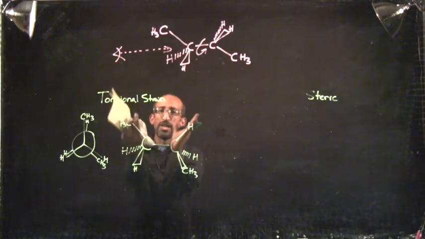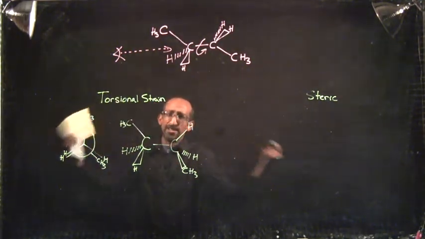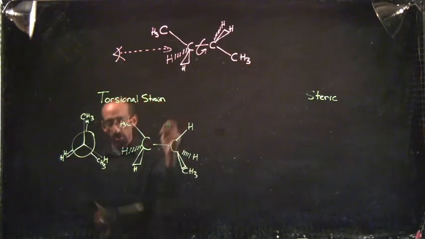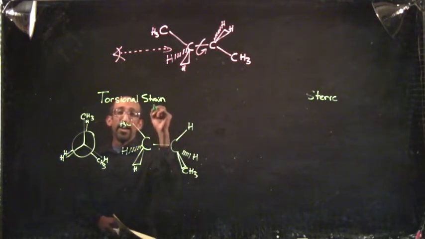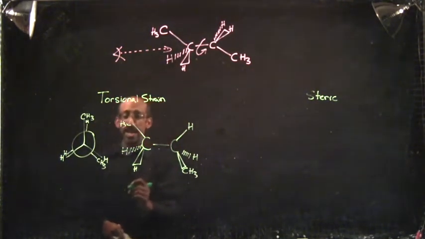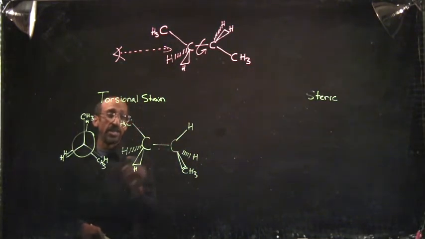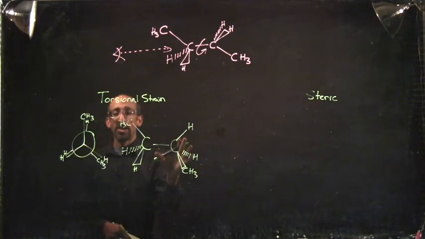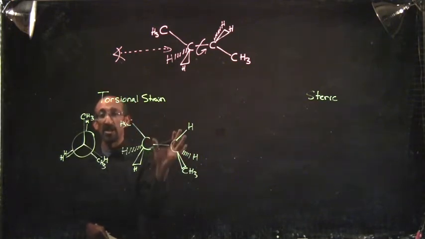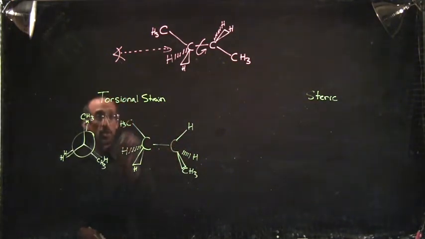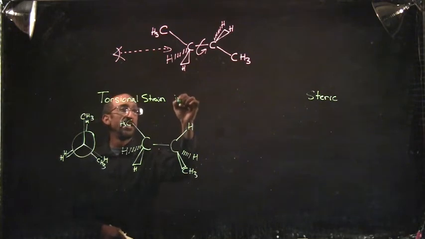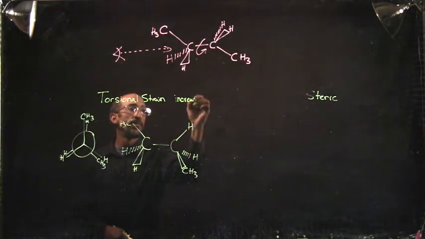We have two bonds that are eclipsed, they're pushing against each other, and that introduces torsional strain. By introducing torsional strain, we have increased the potential energy of the overall molecule in this specific conformation. So torsional strain increases potential energy.